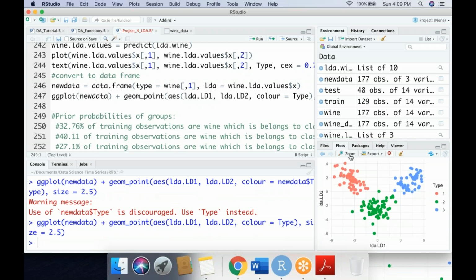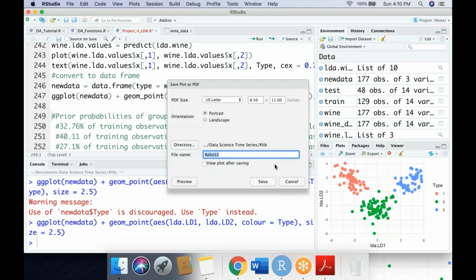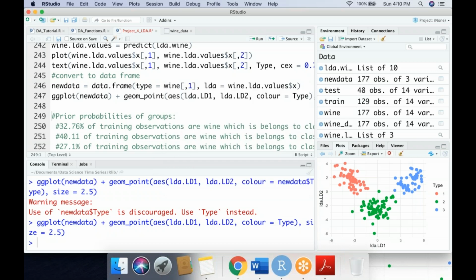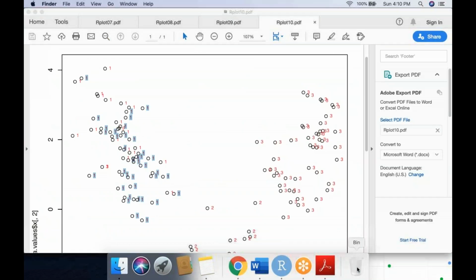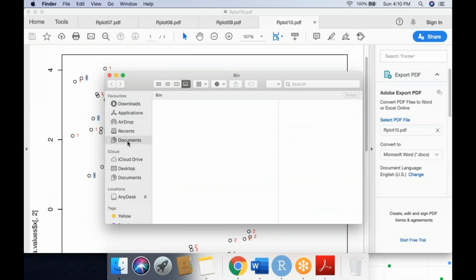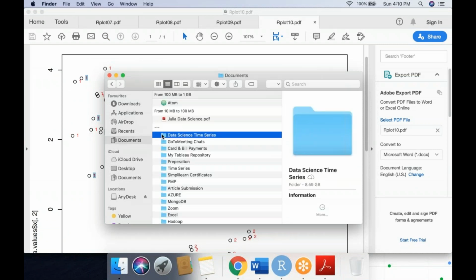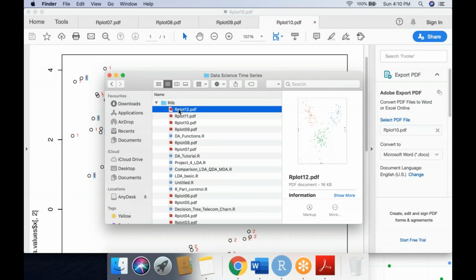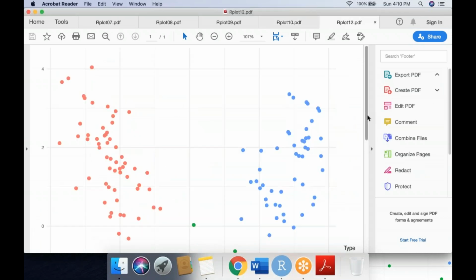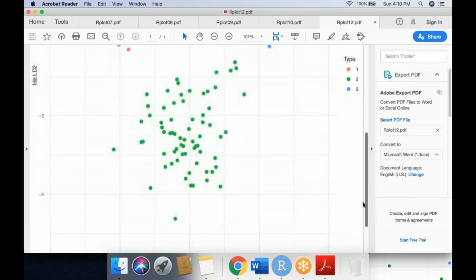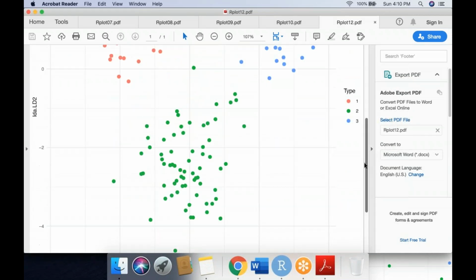Perfect. So now we can see our model is basically separating across the plane.